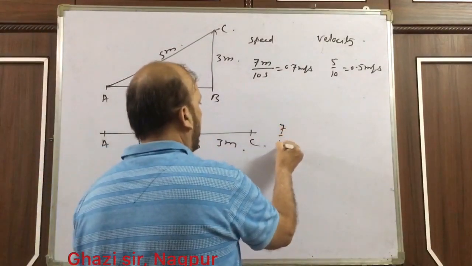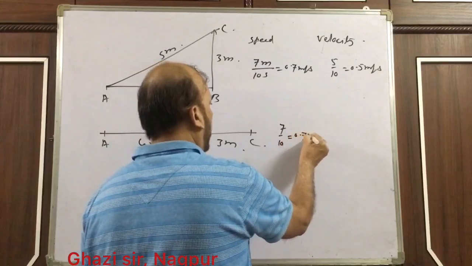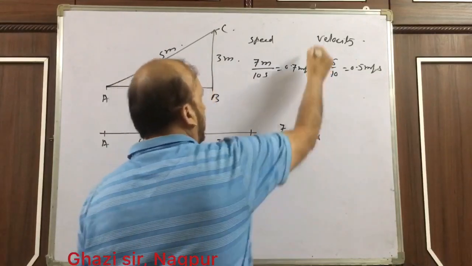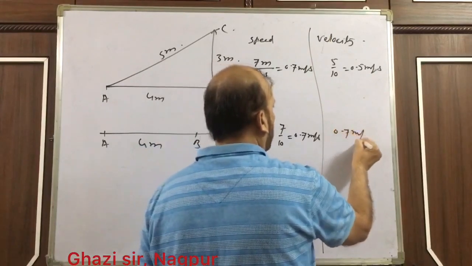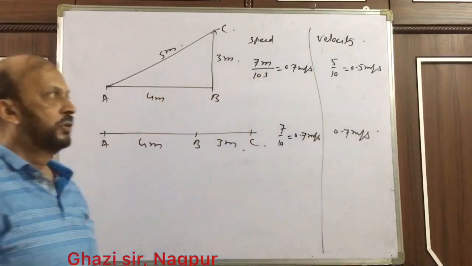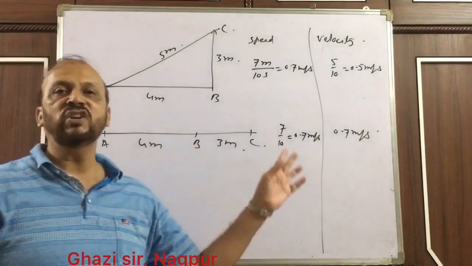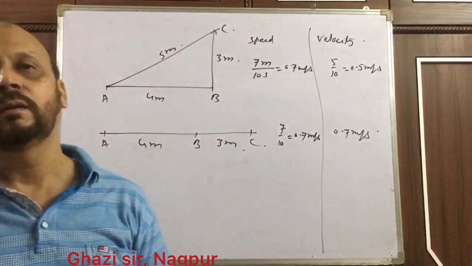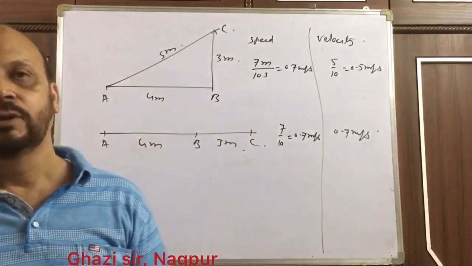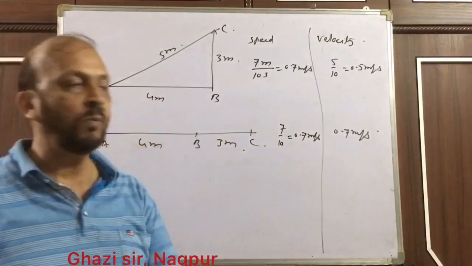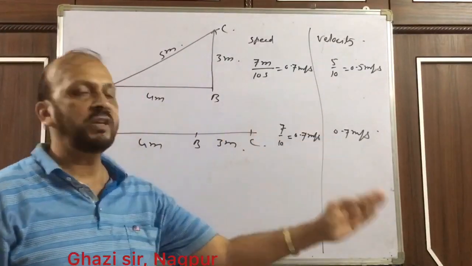That is 7 by 10, equal to 0.7 meter per second is speed, and the same 0.7 meter per second is velocity. So in this case distance and displacement are equal, therefore speed and velocity are also equal.